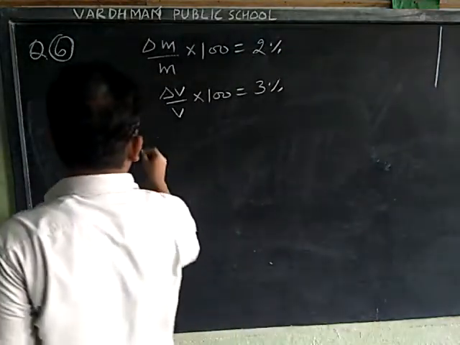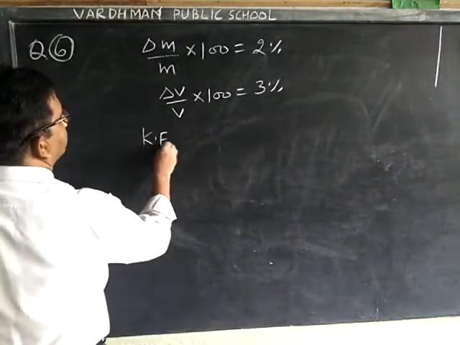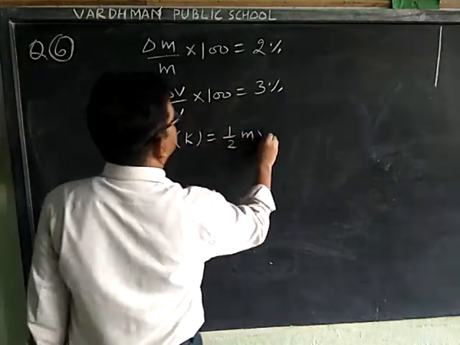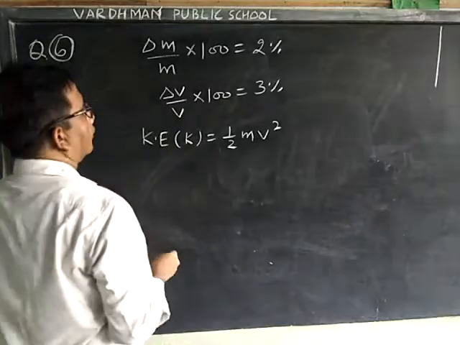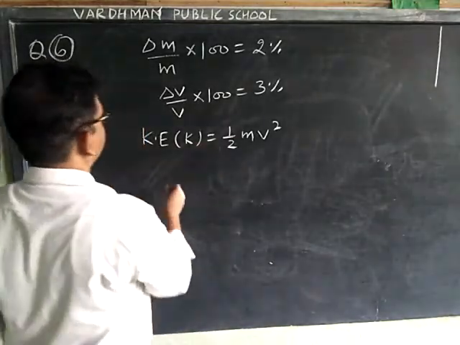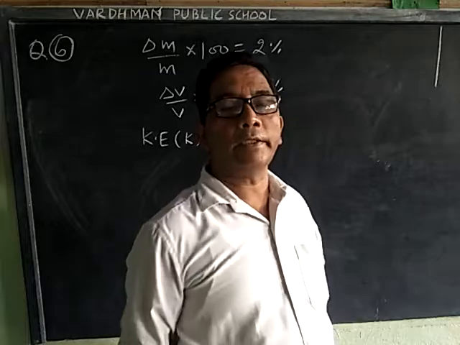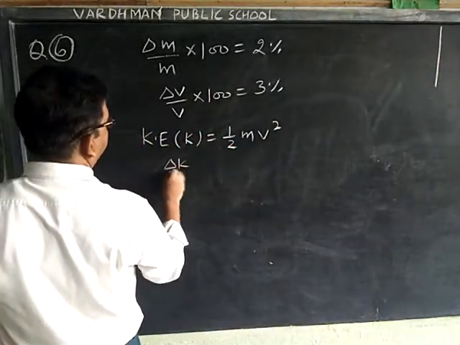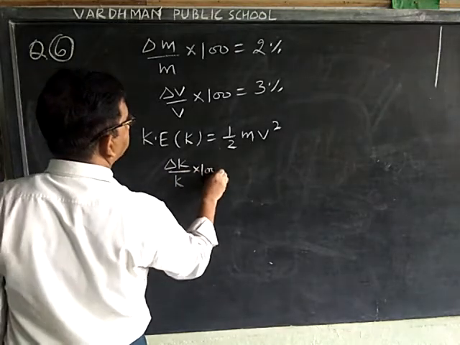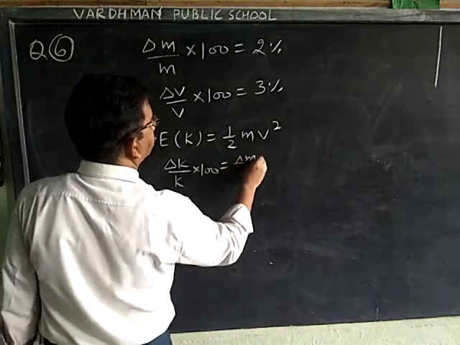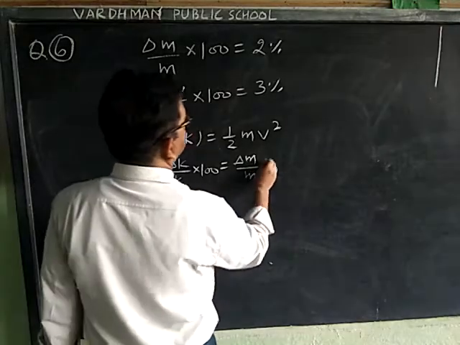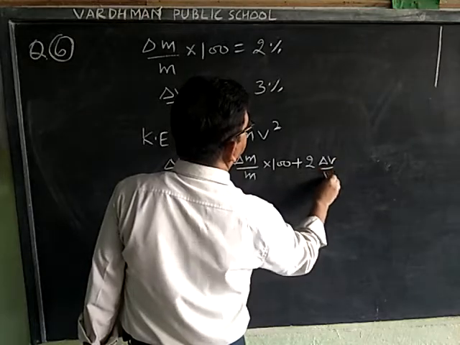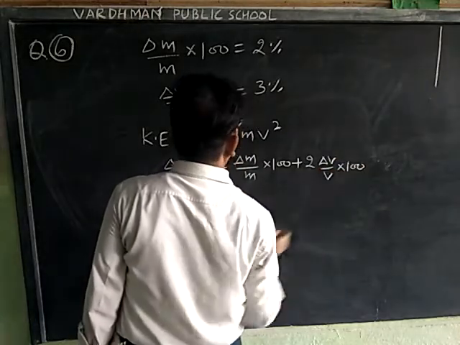We know the formula of kinetic energy. Kinetic energy K is equal to half mv square. Now we will ignore 1 upon 2. Then we will find percentage error in kinetic energy, that is delta K upon K into 100 is equal to delta m upon m into 100 plus 2 delta v upon v into 100.